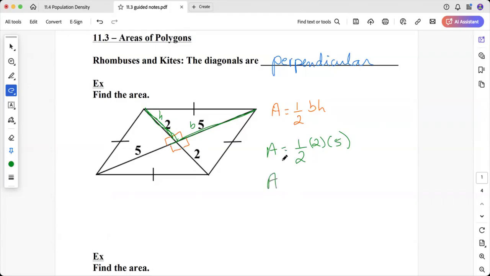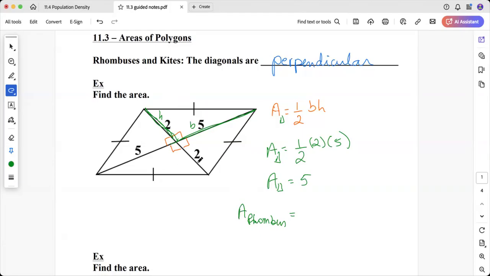So the area of the triangles, I should put triangles here so we're not confused. I put this in the calculator: 2 times 5 is 10, and then divided by 2, I get 5. Now the area of the rhombus is equal to how many triangles do I have?